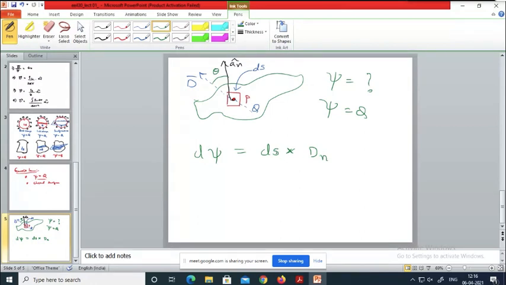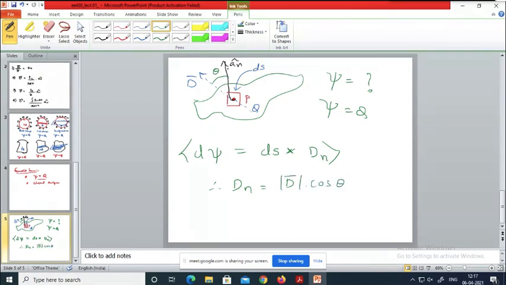Just follow me here. As we have discussed yesterday, the flux lines will be normal to the surface. So I am just establishing relations here. The flux lines have to be perpendicular to the surface of consideration. So here D_n is equal to the magnitude of D into cos theta.